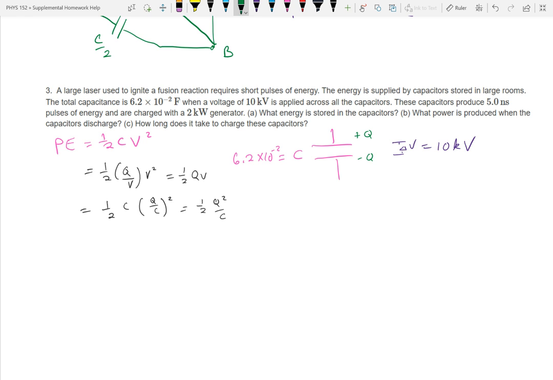The first one, right? So we'll have potential energy is 1/2 our capacitance, 6.2 times 10 to the minus 2 farads. I forgot to write farads there. Times the voltage, 10,000 volts squared.